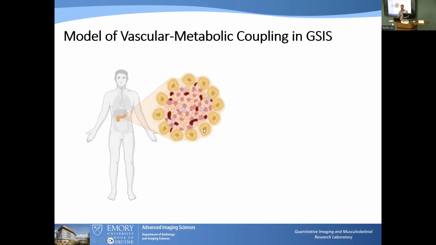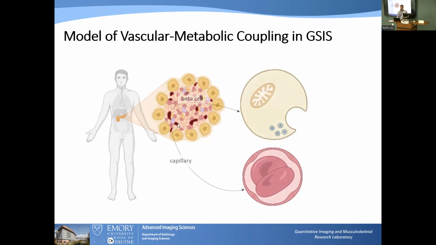If we look at this vascular metabolic coupling of glucose-stimulated insulin secretion, and we think about the islet here, we've got a beta cell and a capillary with red blood cells. The capillary delivers glucose and oxygen to the beta cell.